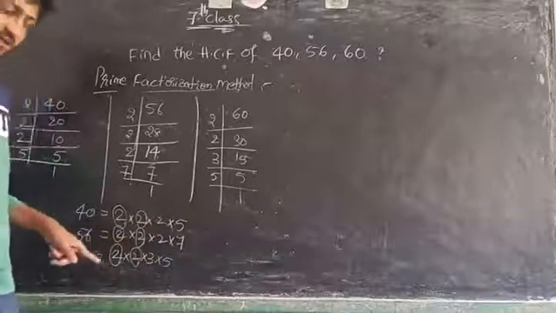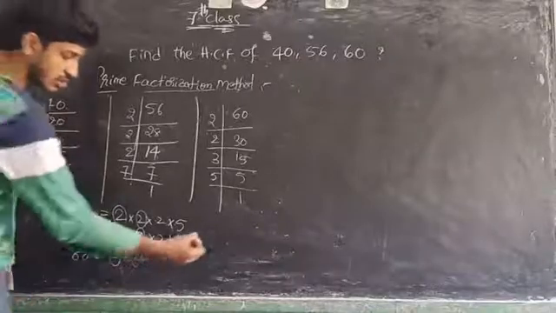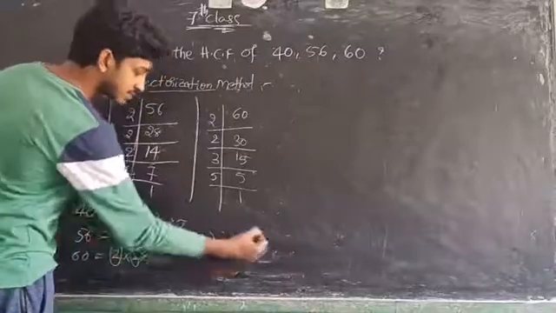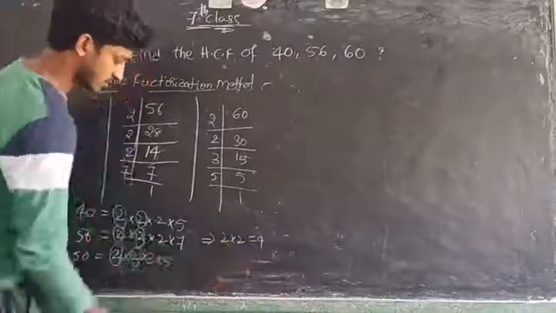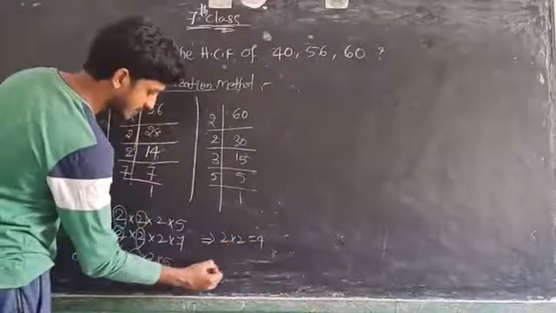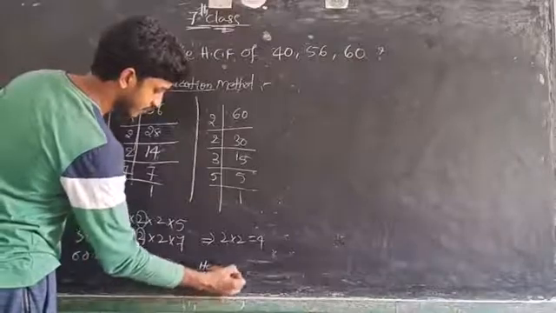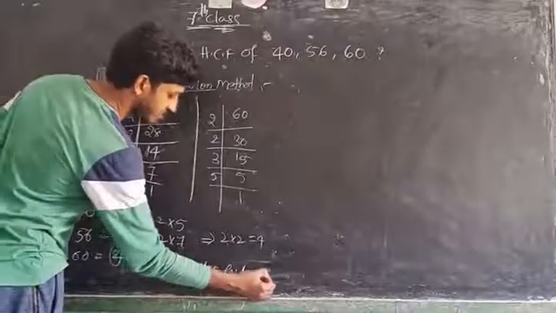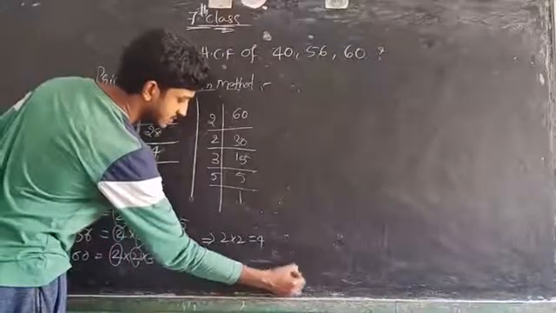So what are the common factors? 2 and 2. So 2 into 2 is the HCF of these three numbers, 4. Therefore the HCF of 40, 56 and 60 is 4.